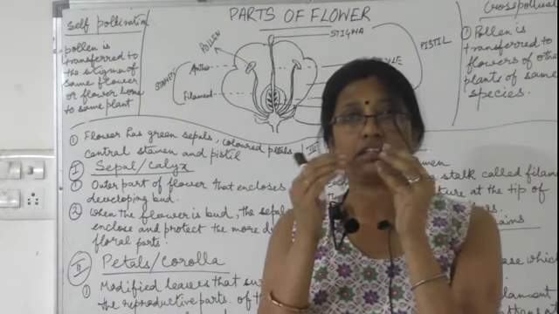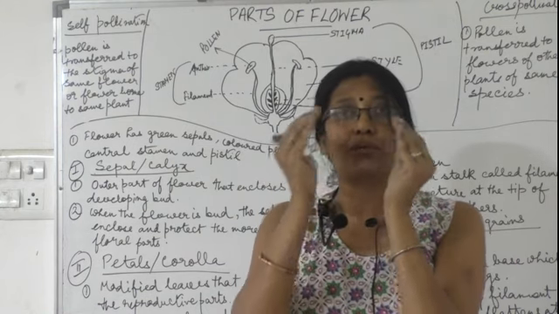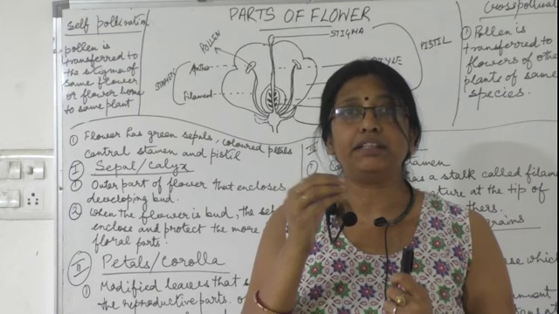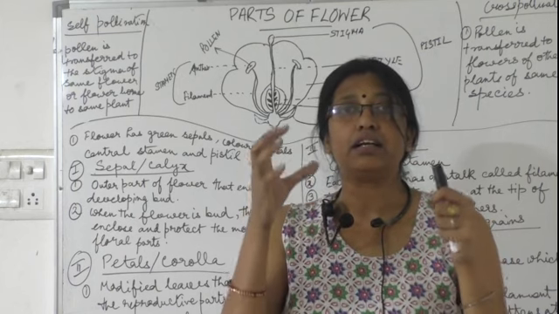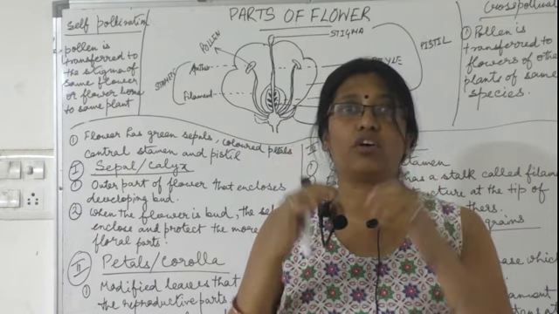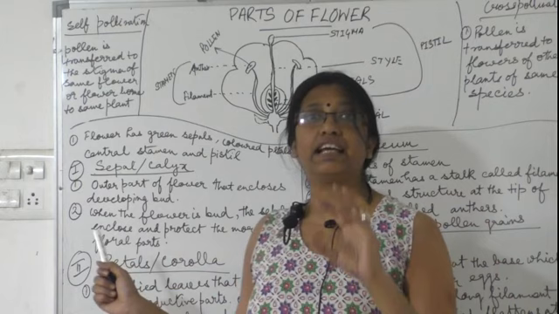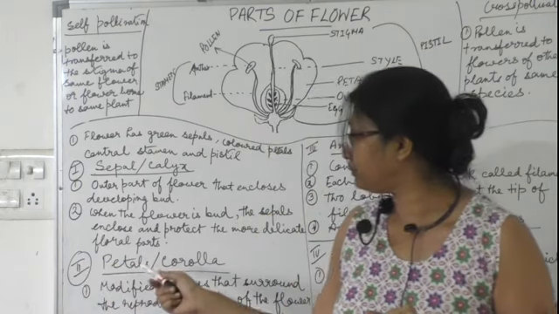When the flower is in bud condition, the sepals are protecting the innermost part of the flower, all the parts of the flower. So sepals are protecting more delicate floral parts.